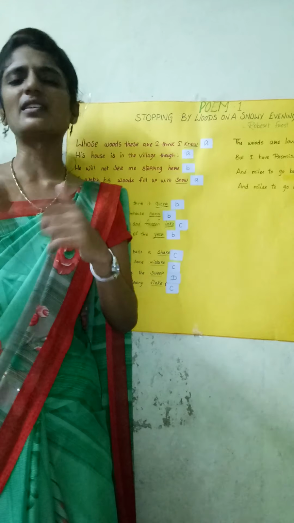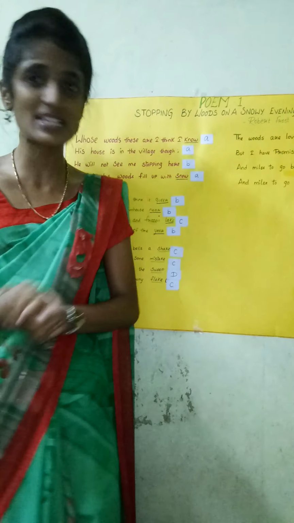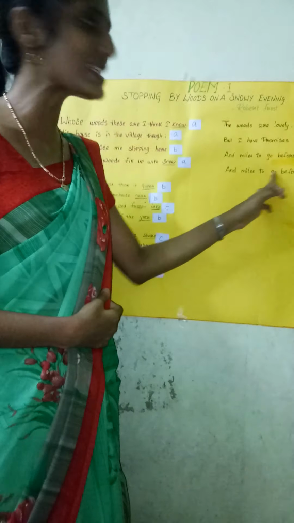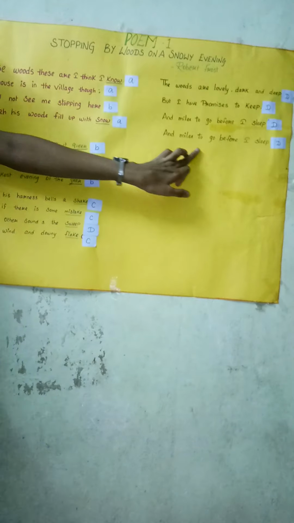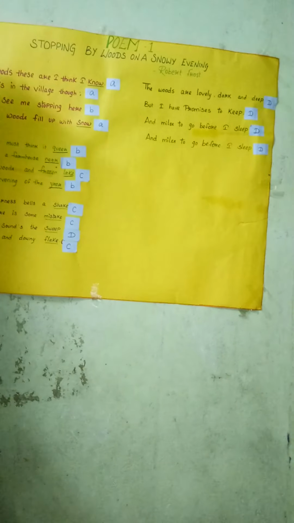The poet repeats the last line to attract the attention of readers. See what the last line is: And miles to go before I sleep, and miles to go before I sleep. In this last line, the sleep may refer to death, as I told already.